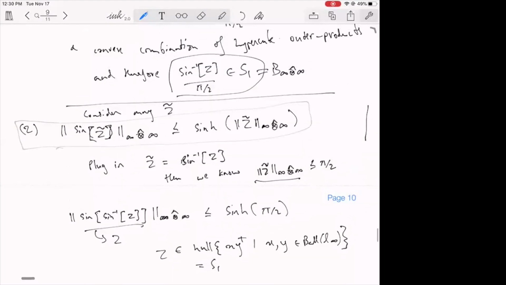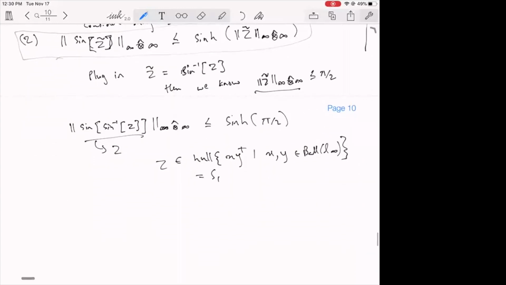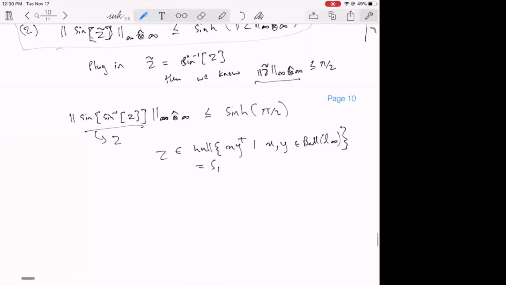Right. So how do we prove 2? This is the combination of two observations. I'm sorry, I'll go 5 minutes over time.